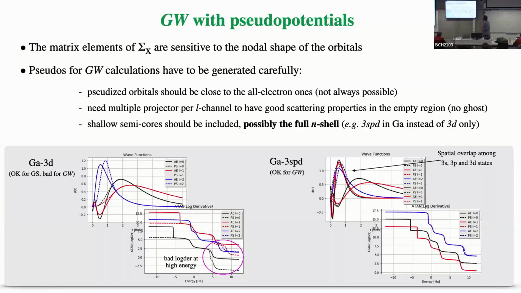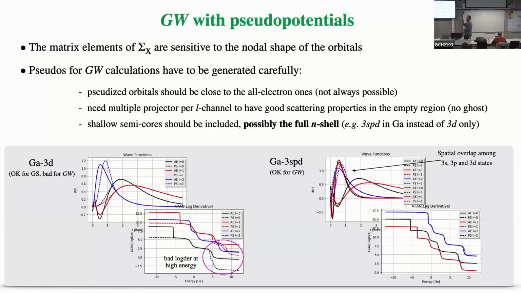The reason is seen here, in which I have another pseudo, in which now the 3s and 3p electrons are treated as valence. You see these states here. The red dashed line corresponds to the 3p, and the black curve is the 3s state. As you can see, the 3s and 3p overlap with the 3d electrons.